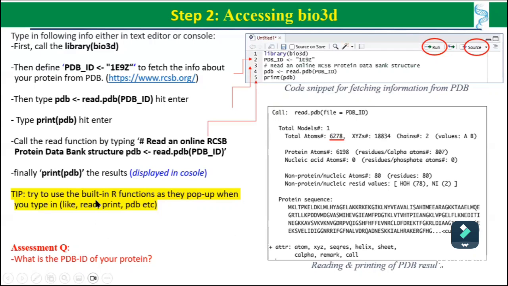The tip is to try to use the built-in R functions as they pop up when you type in, like read, print, PDB. When you're typing these commands in your computer, the console will start showing pop-ups. It's the way that when we write messages on a cell phone or computer, if you have an editing language or Grammarly software installed, it starts suggesting options, like, are you writing this? And then you click on it and the entire word is displayed on your screen, right? Usually I see it when you're writing messages on the cell phone.